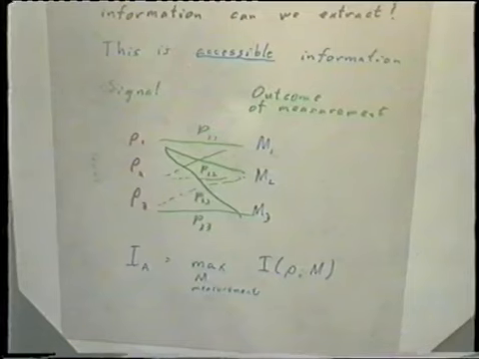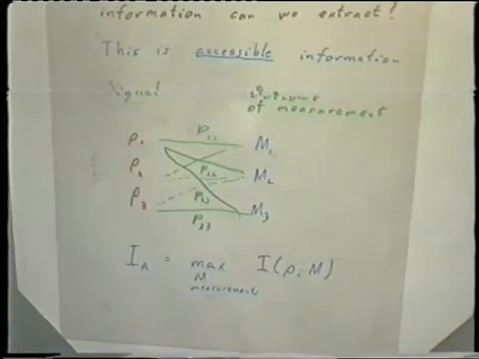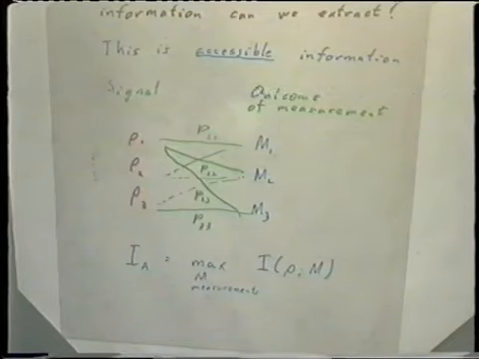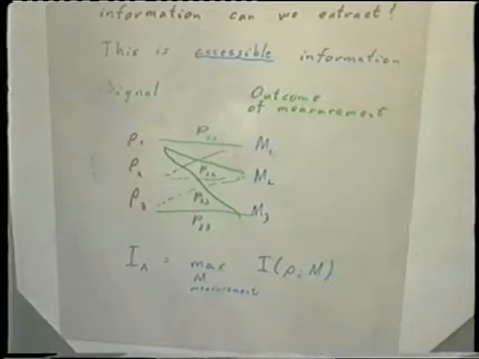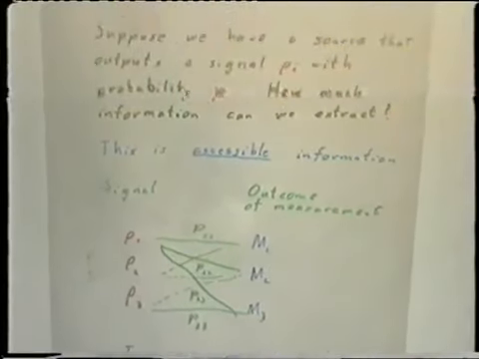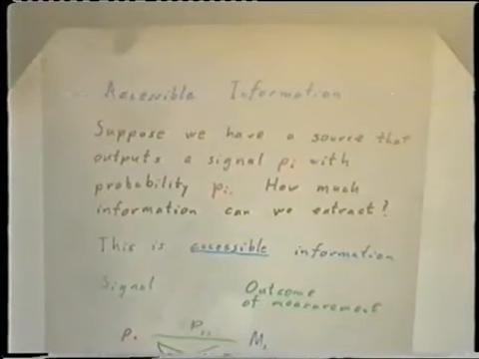There's a finite set of possible measurements you can do, and if you start with rho 1, you'll get outcome M1 or outcome M2 or outcome M3, and then you have probabilities for each of these, and you want to maximize over the set of all possible measurements. I say finite, but it's a compact set of measurements, so there's a maximum of the mutual information between these and the measurements.